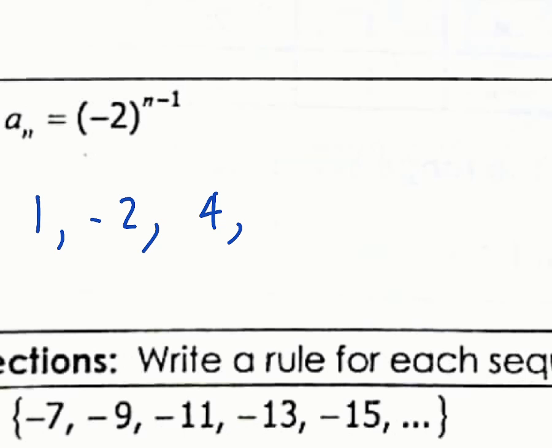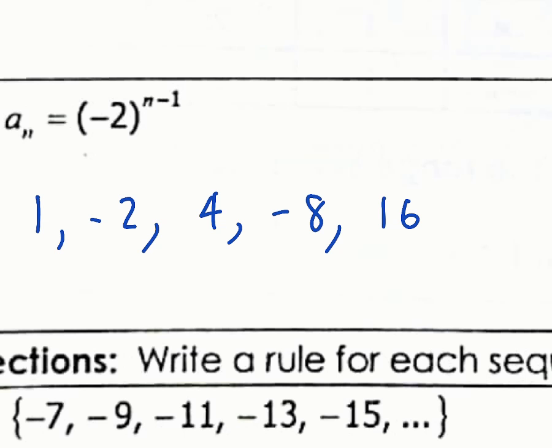Let's see. Let's find the 4th term. What's 4 minus 1? 3. What's negative 2 to the 3rd power? Negative 8. And to find the 5th term, 5 minus 1 is 4. What's negative 2 in parentheses raised to the 4th power? Positive 16.